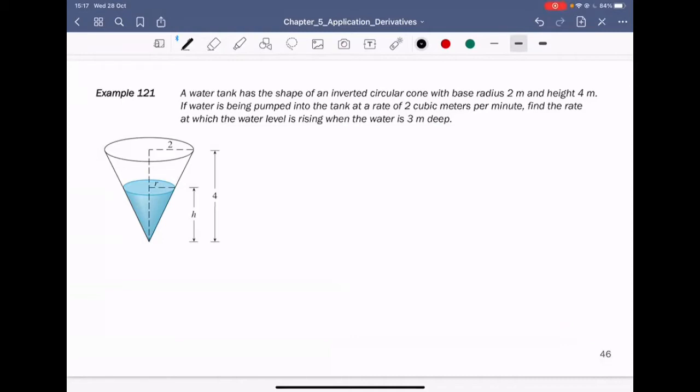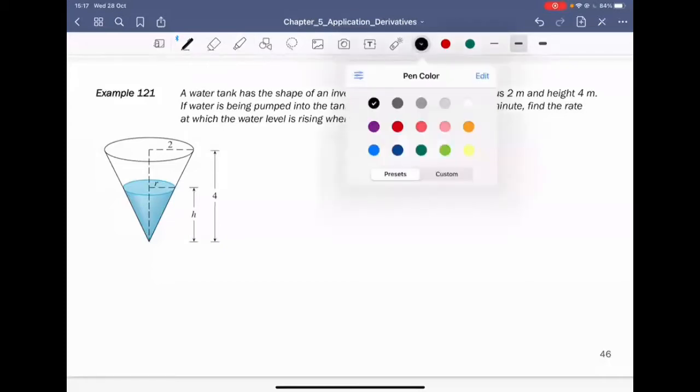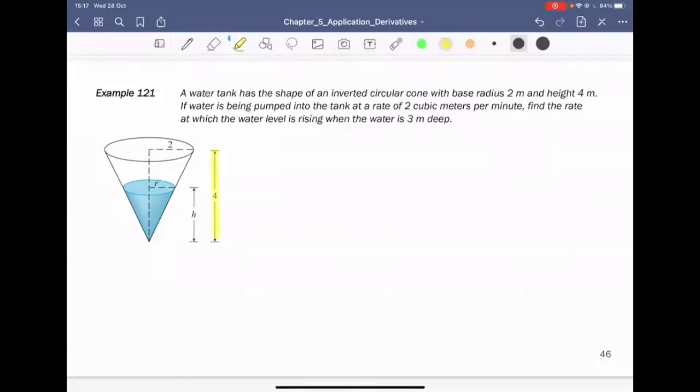All right, example 121. A water tank has the shape of an inverted cone, with base radius 2 meters and height 4. So we have a picture here. You know that the height is 4 and the radius is 2.